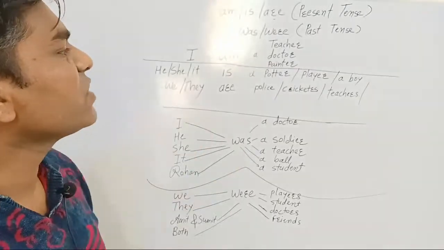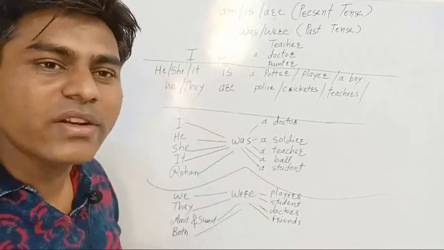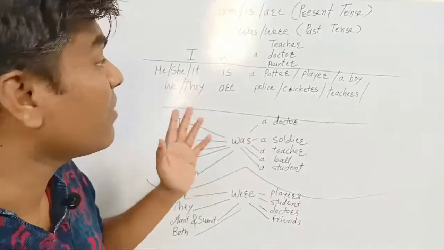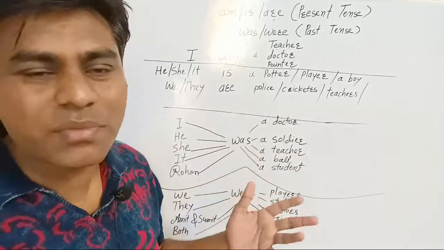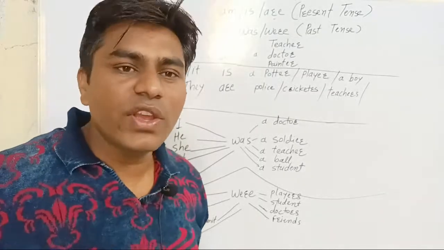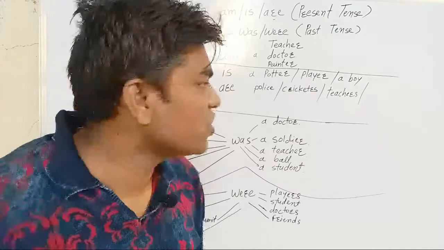Okay, I am a teacher, I am a doctor, I am a painter, I am a potter, I am a clerk, I am owner, then I am a student, I am teacher, then I am professor, I am an advocate, I am pilot, I am blacksmith, I am goldsmith, and all that. Then he, she, and it. With this also you can use the same objects in a sentence.